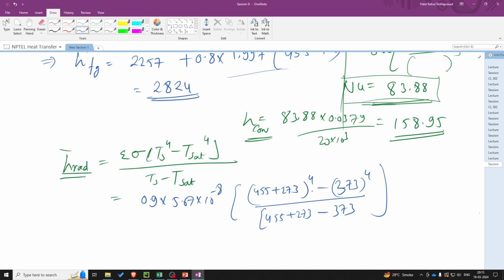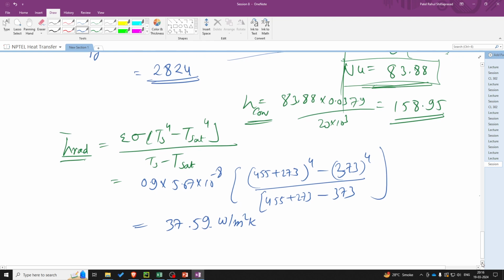So this h radiation will come around 37.59 watt per meter square Kelvin.